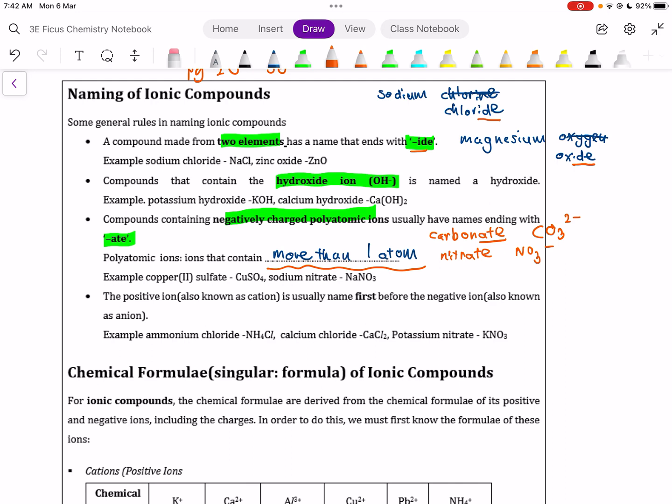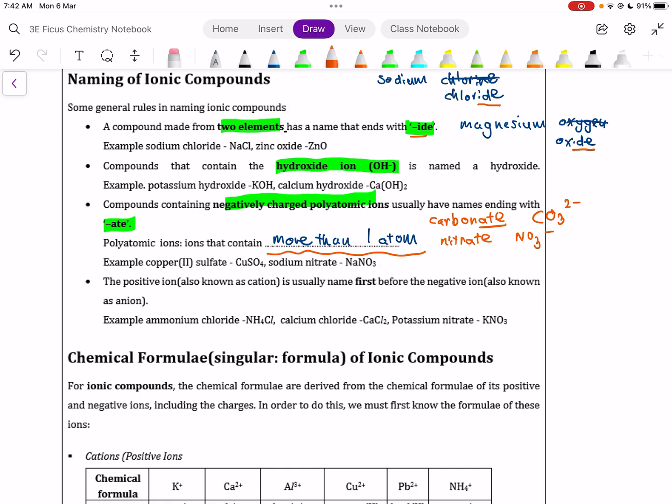The positive ion, also known as cation, always comes first. The positive ion, cation, you always name first before the negative ion, anion, comes in. Then you also have things like, for example, calcium chloride.